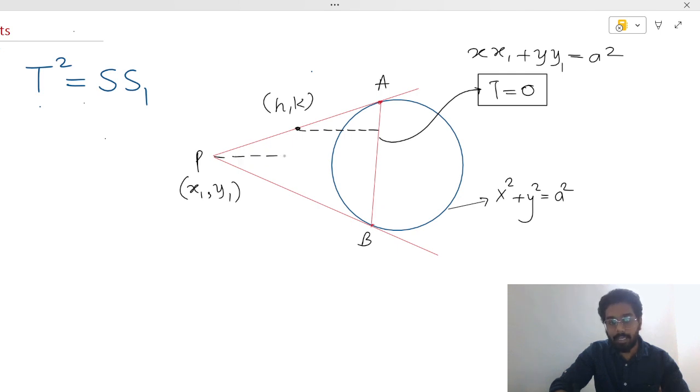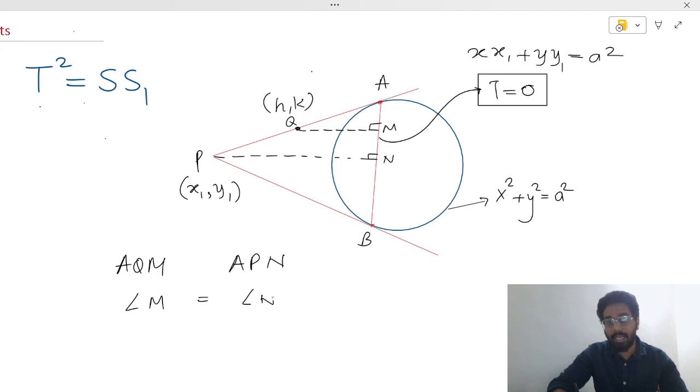Drop another perpendicular from point P, and let's call the feet M and N, and let's call this point Q. Now we are going to check triangles AQM and APN. In both triangles, QM is perpendicular to the chord of contact, so angle M equals angle N equals 90 degrees.